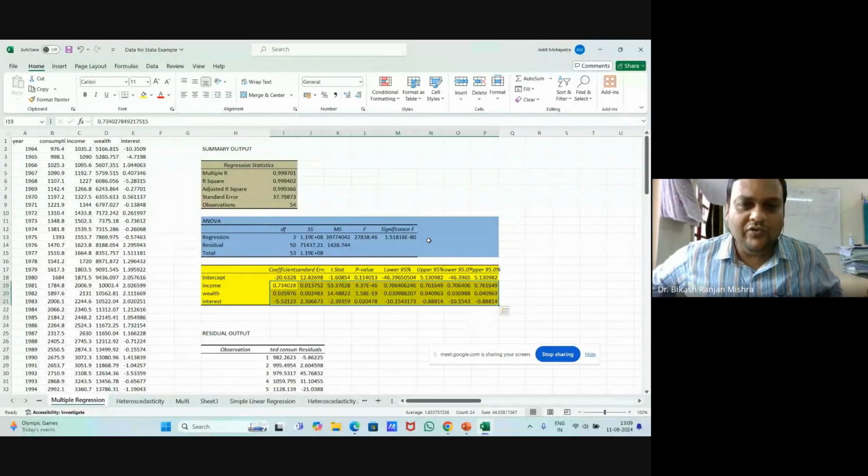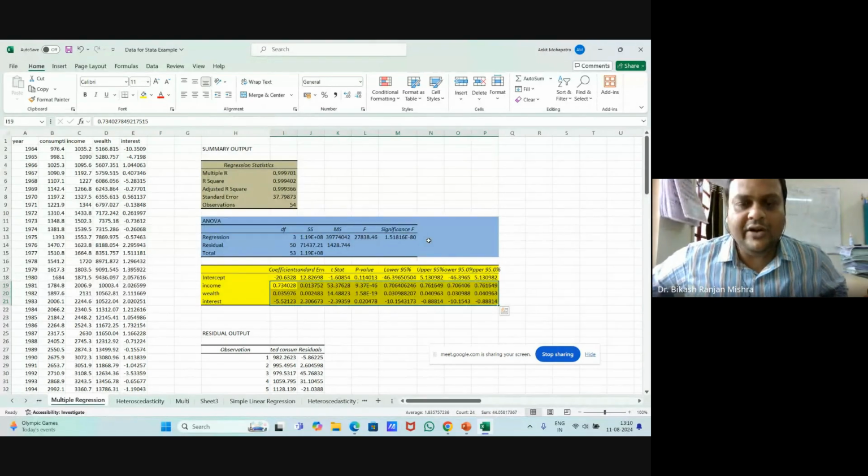It is the income's coefficient. So income's coefficient means if income changes, income is the independent variable. So if the income increases by 1 unit, unit may be rupees, then accordingly there is a 0.73 rupees worth of increase in consumption. In other words, if my income increases by 100 rupees, then there is a 73.4028 rupees increase in consumption.